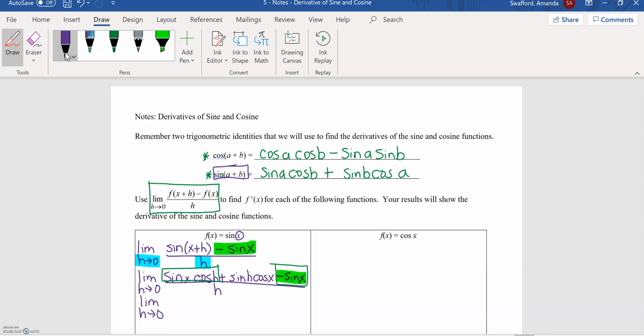That's completely legal as long as I keep the other terms still there. So I'm going to factor out a sine x. That'll leave me with cosine h in the first term that has the box around it, and then in the second term that has the box around it, if I take a sine x out, I'll only have a 1 left. Then this term here in the middle, I'm going to bring down.